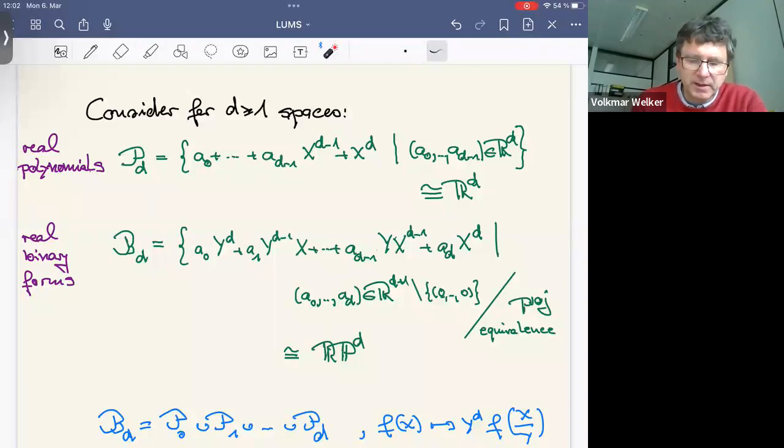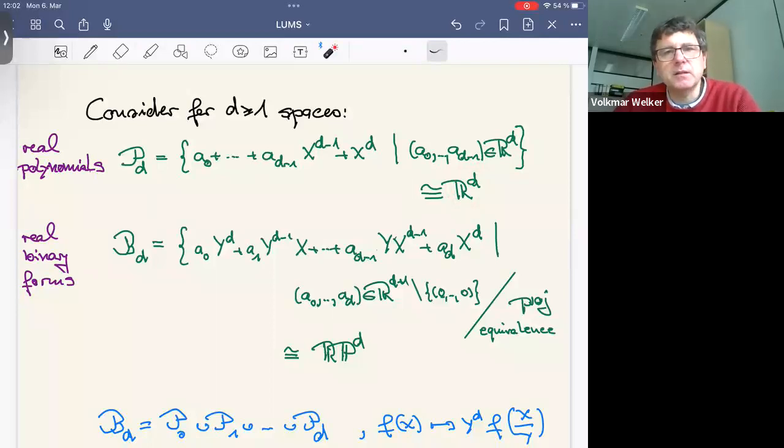We collect the coefficients in ascending degree order, and then we get some point in R to the D. For a polynomial of degree D, we have D plus 1 coefficients. The top coefficient is set to 1, so we ignore that one, and we can identify the space of real polynomials of fixed degree D with R to the D. This is what I will focus on in this talk.